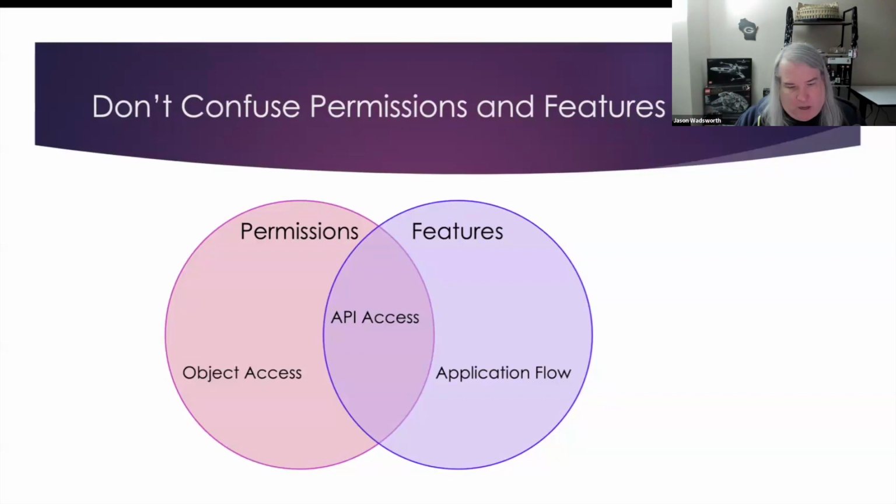So for example, let's use the AI model where we have a feature like some search capability, and whether or not they have the AI feature turned on, they just get basic search versus an AI-based search, right? That's an application flow. It doesn't have a permission that's on or off. It's just when we get into this piece of the application, because of a feature, I have a different flow within my application. So they do have overlap, but make sure you don't confuse the two and don't just trust your permissions to be your features because they do differ.